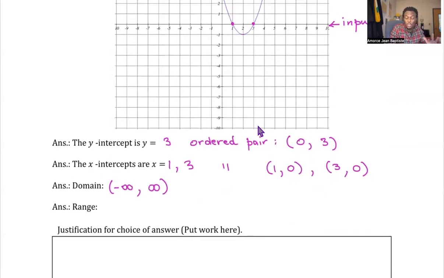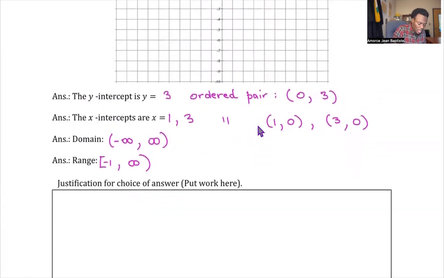You need to keep in mind, if you don't see an open circle on the graph, that means the value is included. So here we're working with the y, so that's -1 to infinity. We will be able to find an input for all the y values from -1 to positive infinity and up.